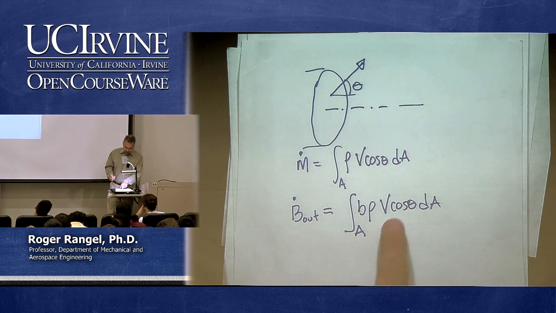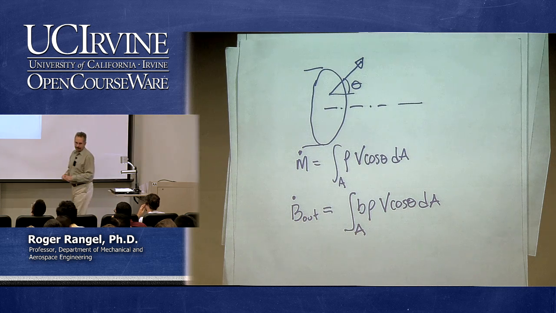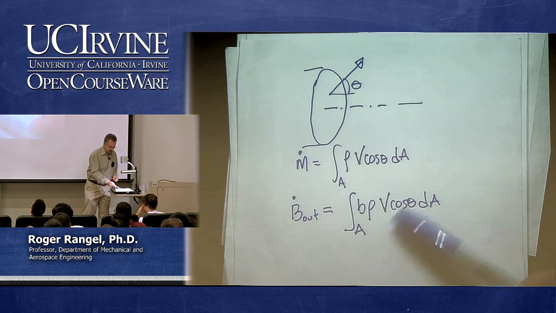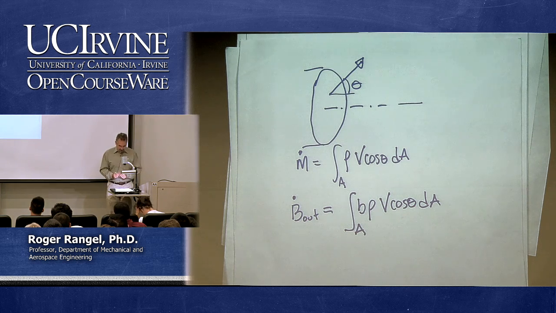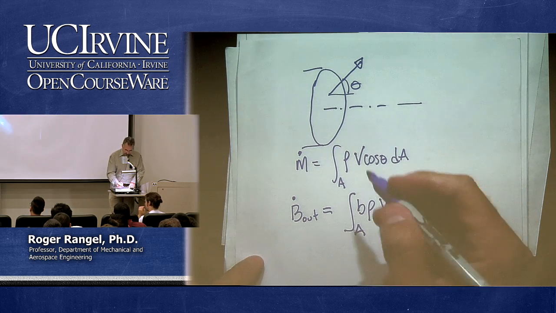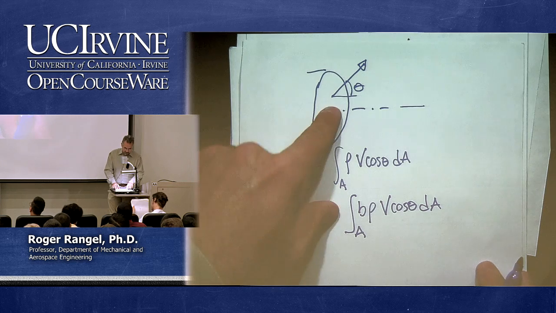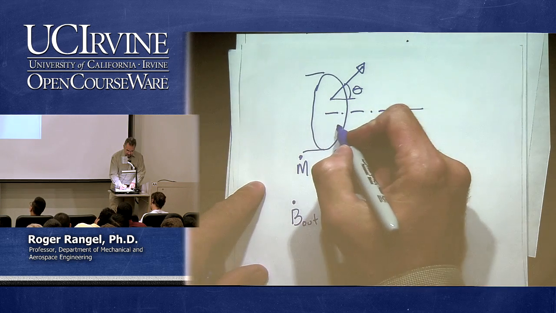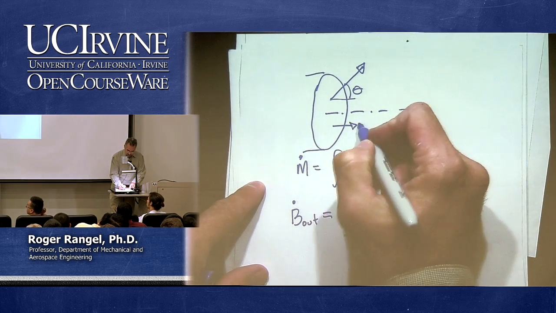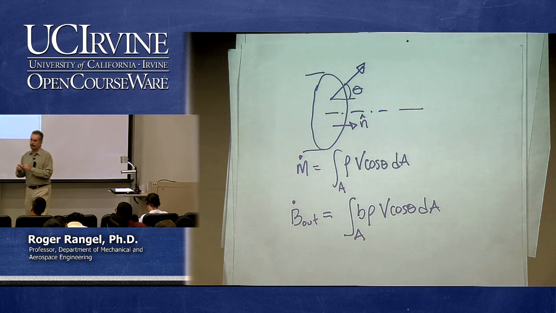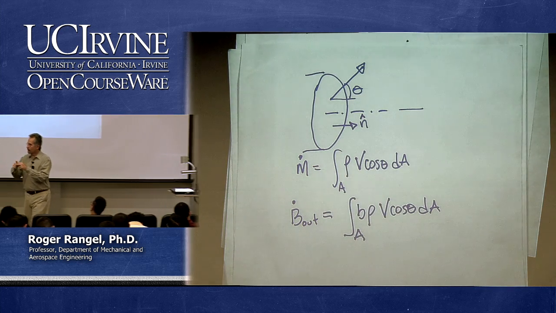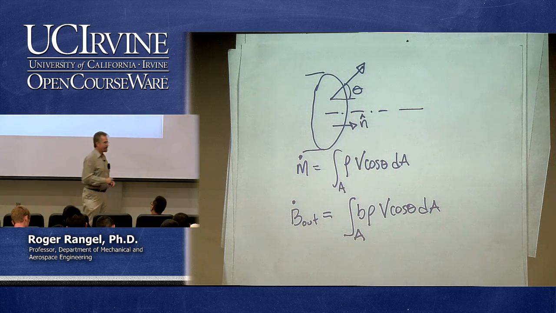Now, there is another way to write this that is a lot more elegant. This so-called V cosine theta that you have seen before, I'm sure. What you do is on each point on the surface, you define a unit normal vector n. So that little n vector is a unit vector that is always perpendicular to the area.